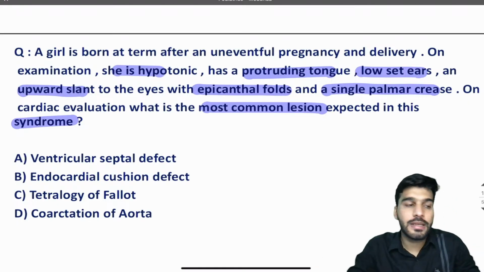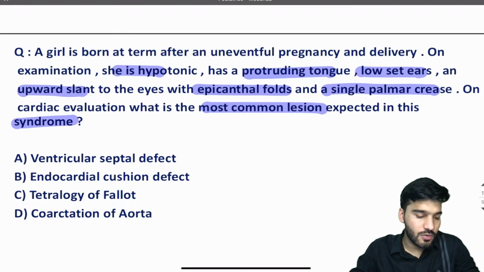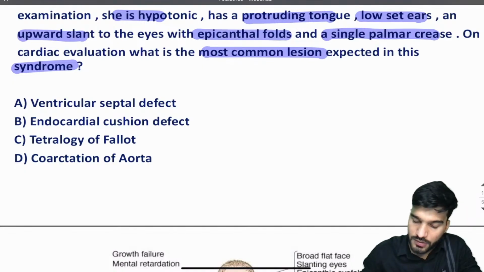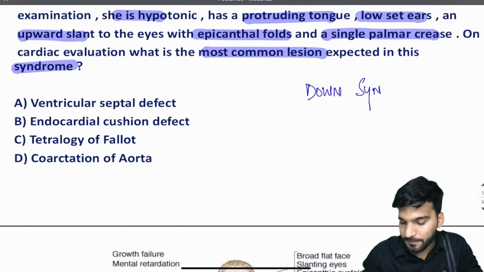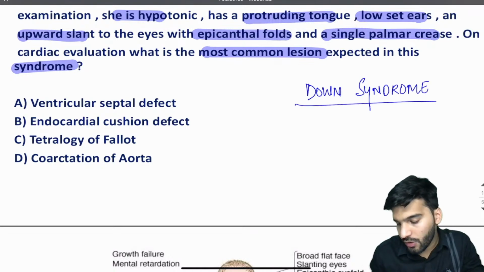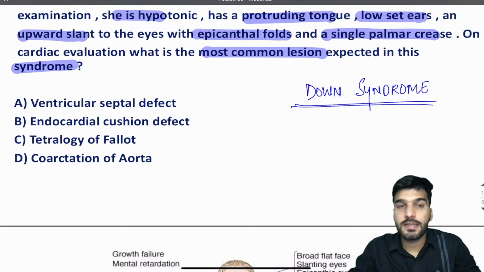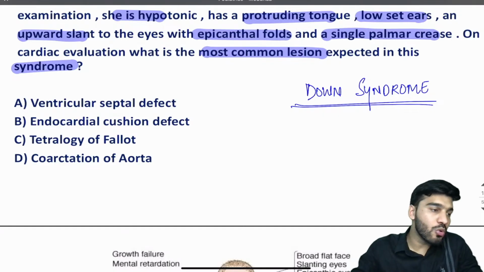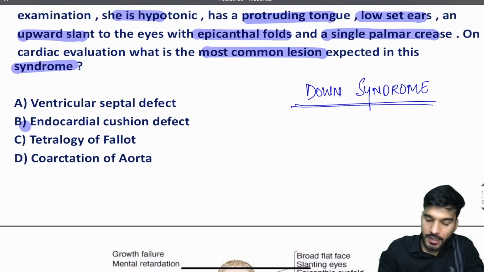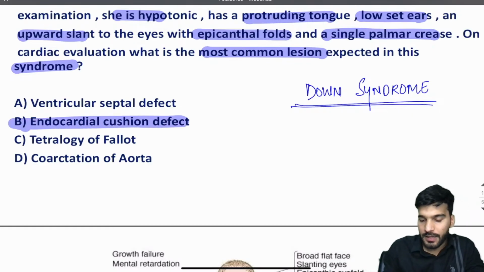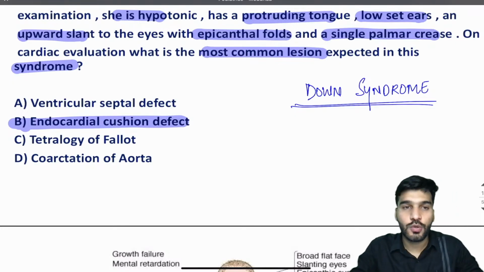So what is your diagnosis? As per the findings, the diagnosis is going to be Down syndrome. And the most common cardiac defect associated with Down syndrome is going to be endocardial cushion defect.